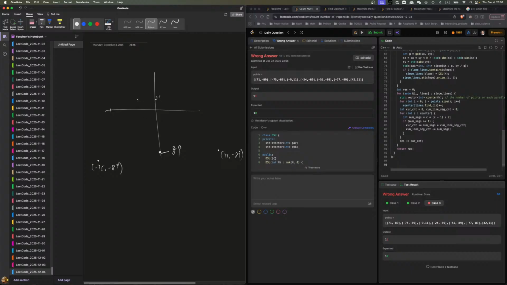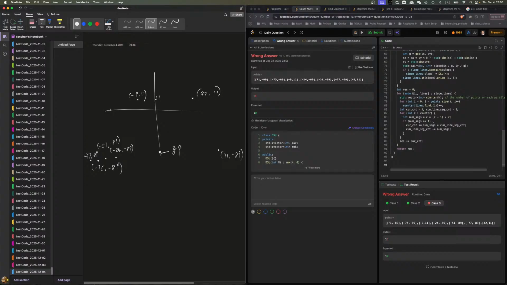So we have minus 9, 11, minus 24 here, minus 24 minus 89, and then minus 51 minus 89. Hey, it was easy. Minus 77 here, minus 77 minus 89, and then we have here is 42, 11.